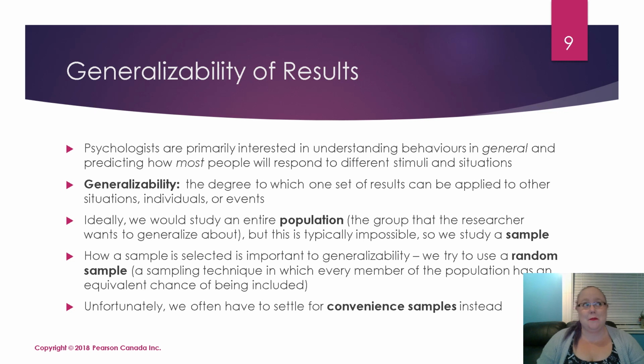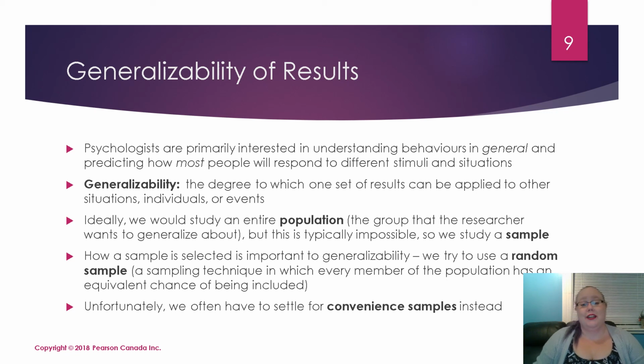The unfortunate thing about that is, if you think about the characteristics of the people who study undergraduate psych courses, they are probably more similar to each other in one way or another than they are to the population at large. So we do still have some issues with generalizability there.